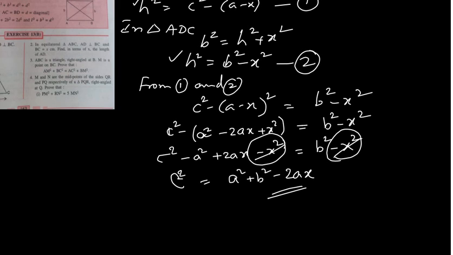Now, can you try? I'll see whether you will be able to. AD is perpendicular to BC and. Hello? Can you go to the last part?